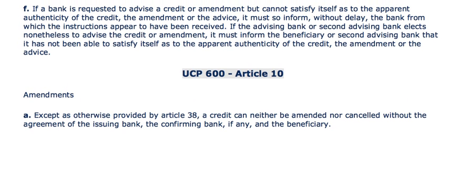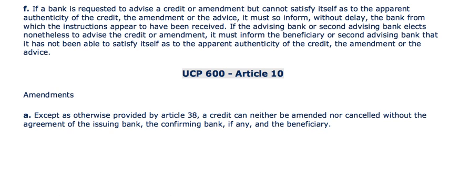Then Article 10, it talks about the amendments. Except as otherwise provided by Article 38. We'll go through Article 38 later. There are some terms, some conditions under which it can be amended. But except those conditions, a credit can neither be amended nor cancelled without the agreement of the issuing bank, the confirming bank, if any, and the beneficiary.